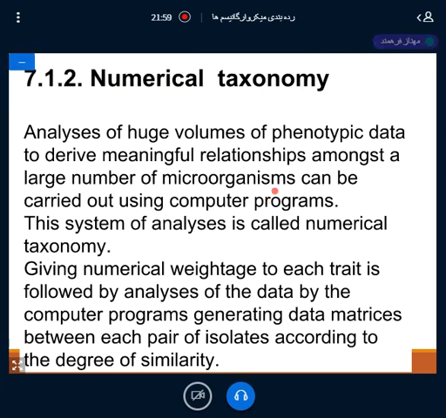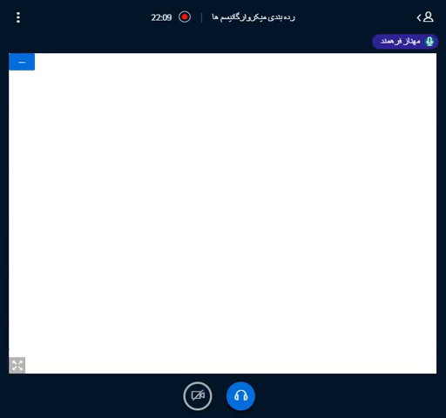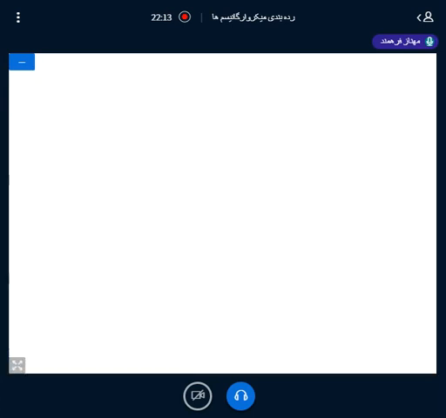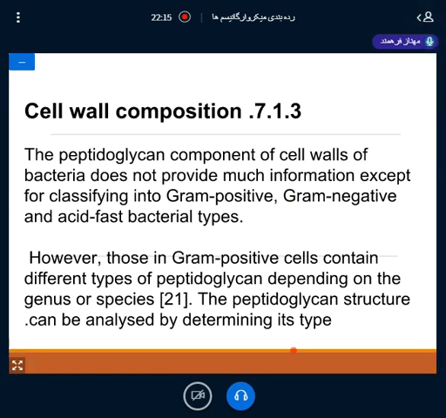Okay, now we are in power number 3, numerical taxonomy. We get started from here, and we must study the cell wall composition.